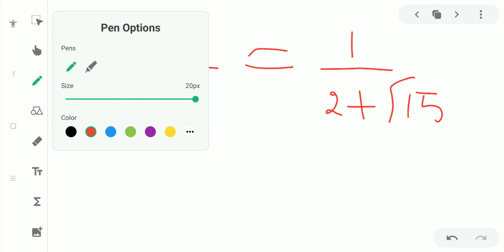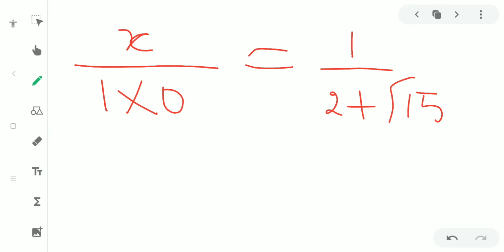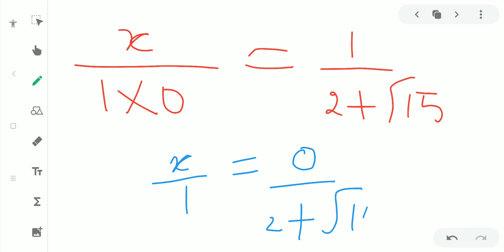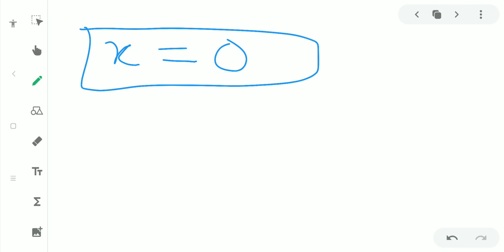So 0 when I will be transposing to RHS, it will become 0 by 2 plus root 15. So x by 1 is equal to 0 by 2 plus root 15. So I am getting x is equal to 0.